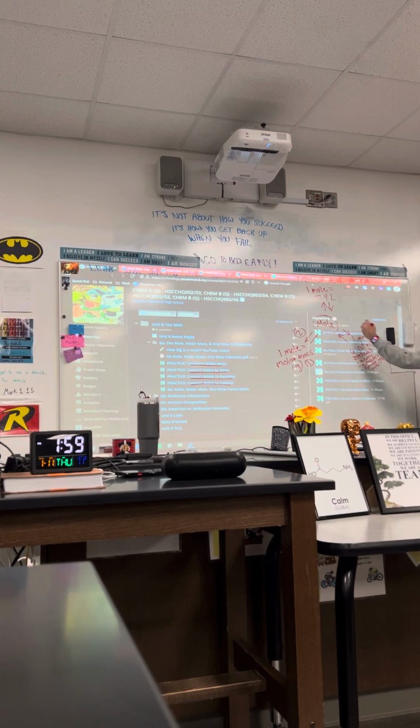After that, I'm going to show you how to use the mole with particles. And then we will end after I show you how to use the mole with volume. All of that is 8A. And it is all combined in the puzzle piece.